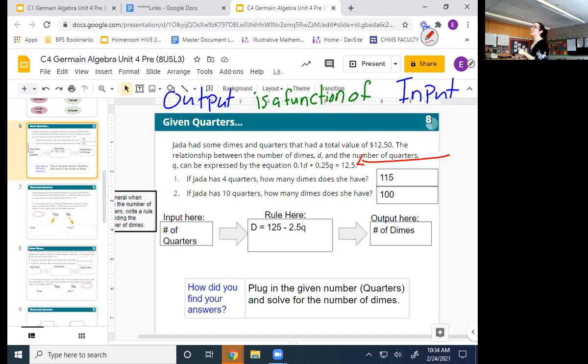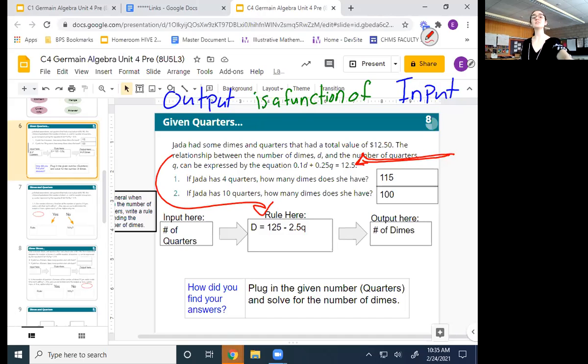Yes, this is written in standard form. And when we have to create a rule, we isolate for what? We take the original equation and we set it equal to our input or our output. Very good.